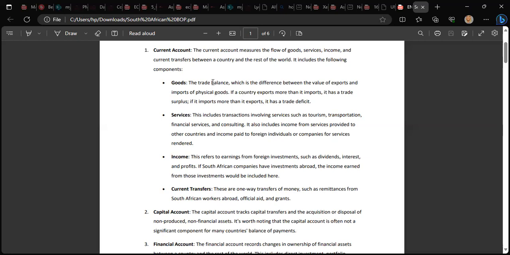We actually have to look for those amounts. You look for the merchandise that is imported and the merchandise that is exported, and then you find the difference between the two to give you the trade balance. That's one feature you would find within the South African balance of payments, under the current account, where you want to find the balance of trade.